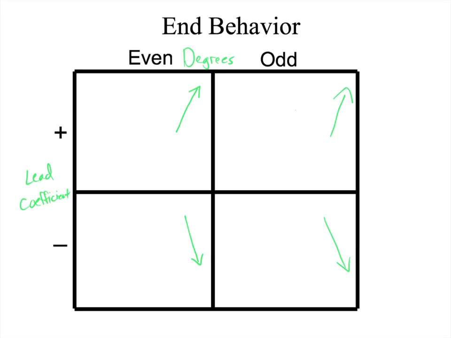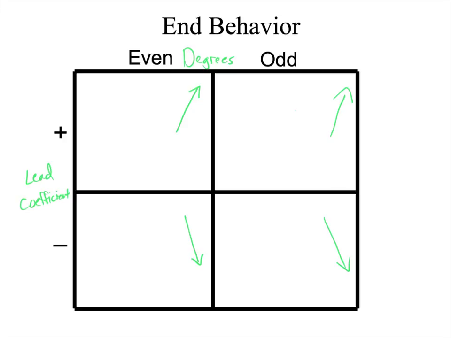Now, on the left side, which is as it goes to negative infinity, it's something else to think about. If it's even, well, let's think of what's the most common even degree. Isn't that x squared, a parabola? And on an x squared parabola, don't the edges go like this? Both go up?